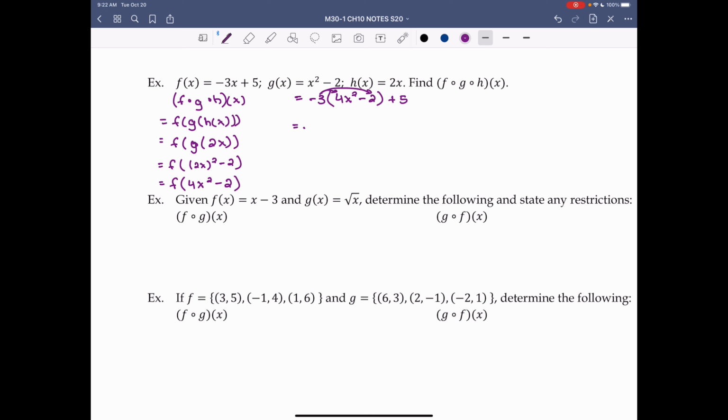We get negative 12x squared plus 6, and then plus 5. And combine like terms, we get negative 12x squared plus 11. f of g of h of x equals negative 12x squared plus 11.